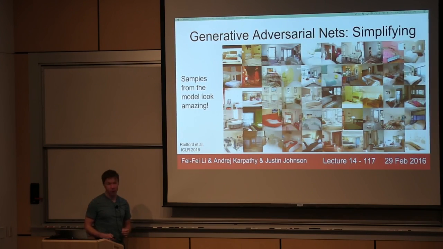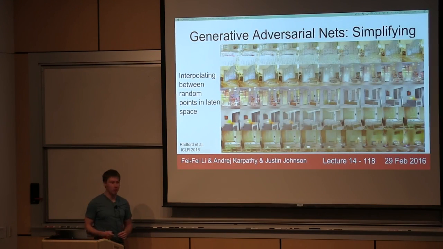So one example that we can try is interpolating between bedrooms. Here the idea is that for the images on the left-hand side, we've drawn a random point from our noise distribution and then used it to generate an image. And on the right-hand side, we've done the same, generating another random point from our noise distribution and using it to generate an image.